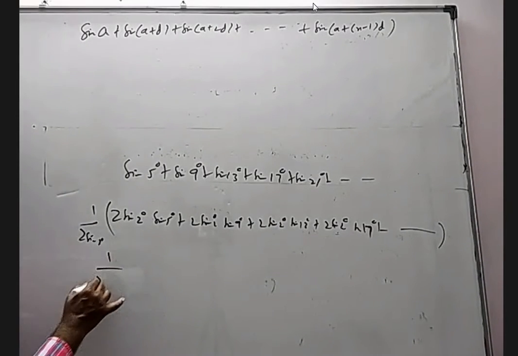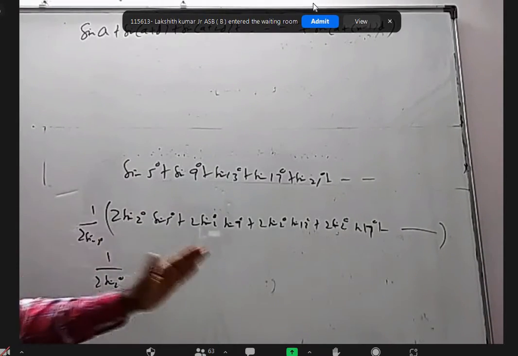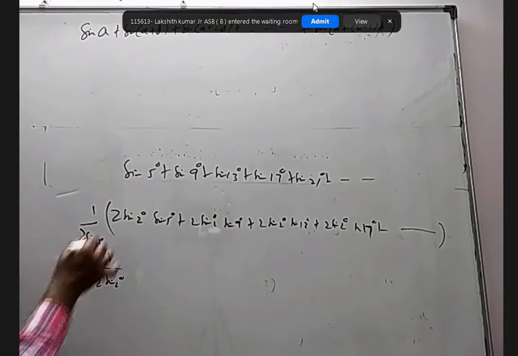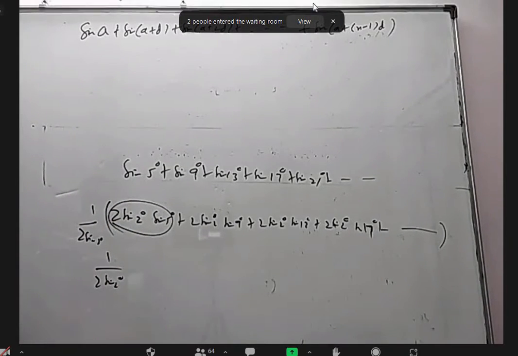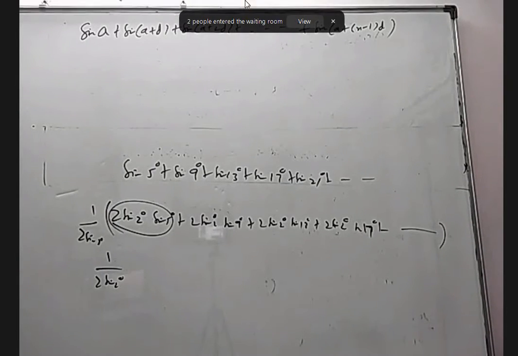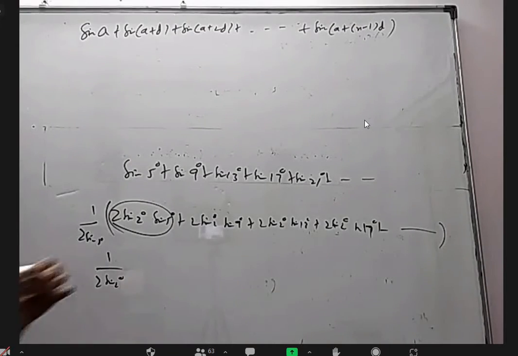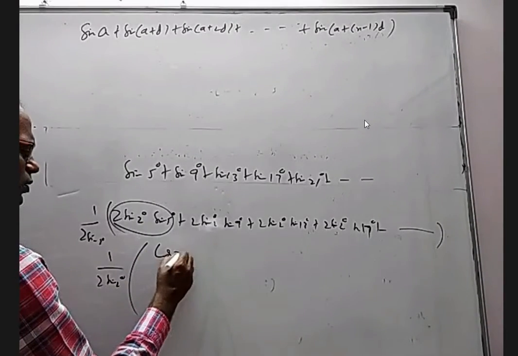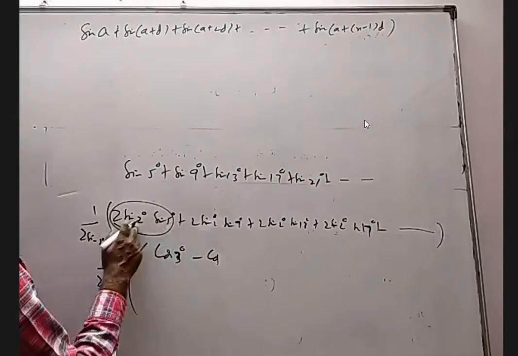Now see what happens, because we multiplied with half the common difference. 2 sine A sine B, what is the formula? Cos(A minus B) minus cos(A plus B), right? So 2 sine 5 degrees sine 2 degrees gives cos 3 degrees, 5 minus 2, minus cos 7 degrees, 5 plus 2.